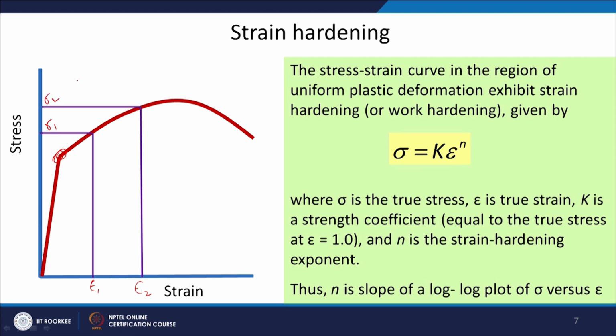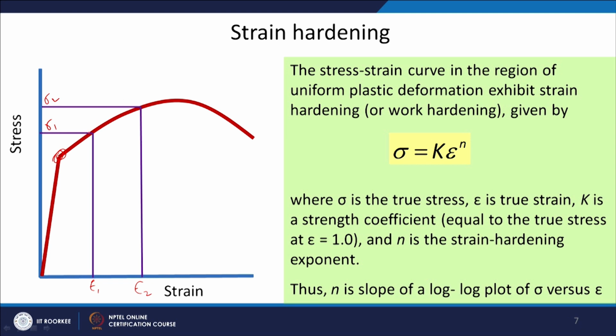As a function of strain, if I keep on putting strain in the material, the response of the material is becoming higher and higher. That means the resistance to deformation is becoming higher and higher. The response of the material is measured in terms of stress. So, as I am putting strain in the material, the stress is also increasing.